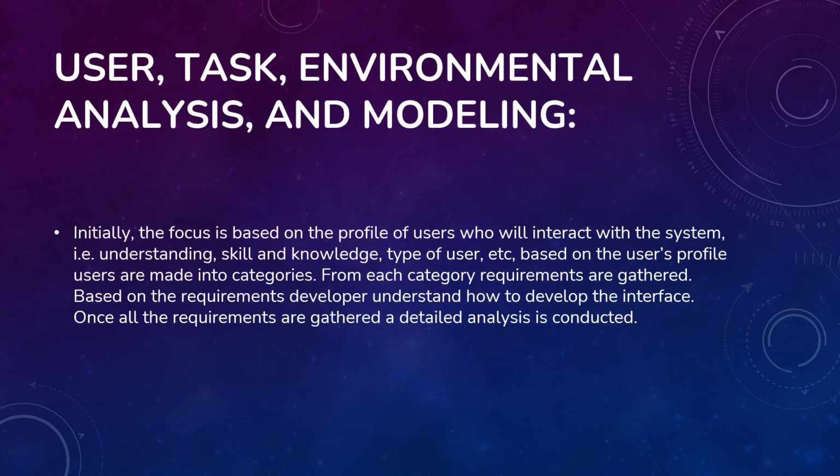The first phase of user interface design process is user task environmental analysis and modeling. Initially, the focus is on the profile of the users who will interact with the system, understanding their skill and knowledge, type of users, etc. Based on the user profile, users are put into categories.